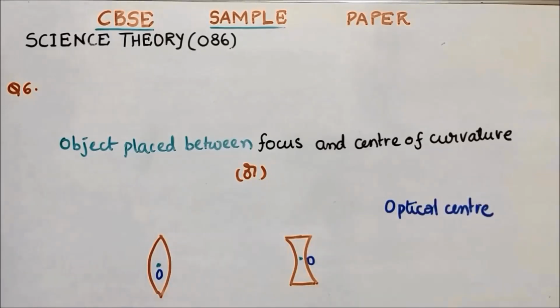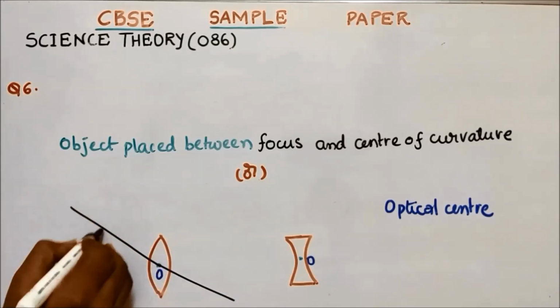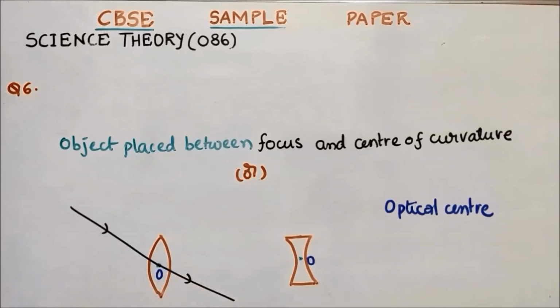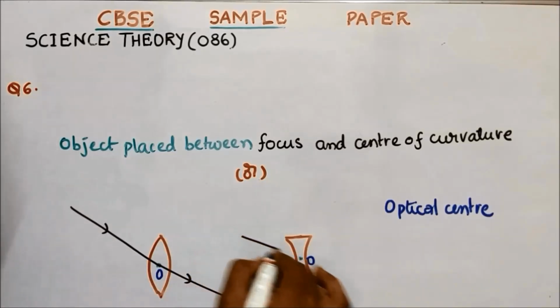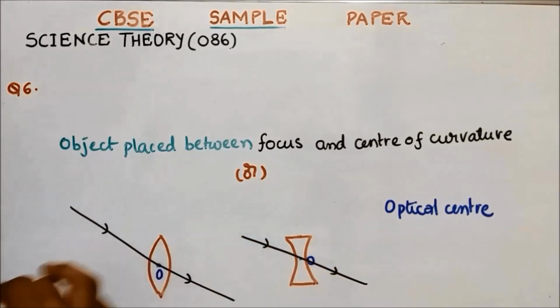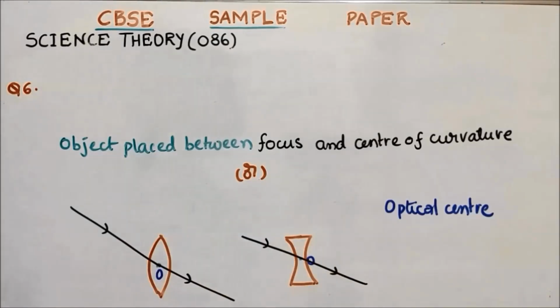When the ray of light passes through this optical center, it moves undeviated. Refraction is not visible. This is the only point in a lens where the ray passes without deviation, so you can't see the bending of light.